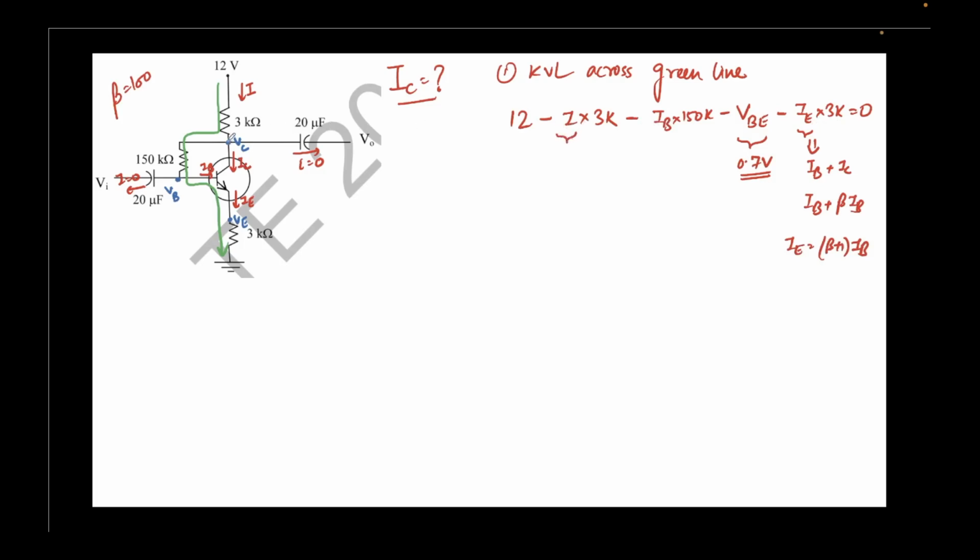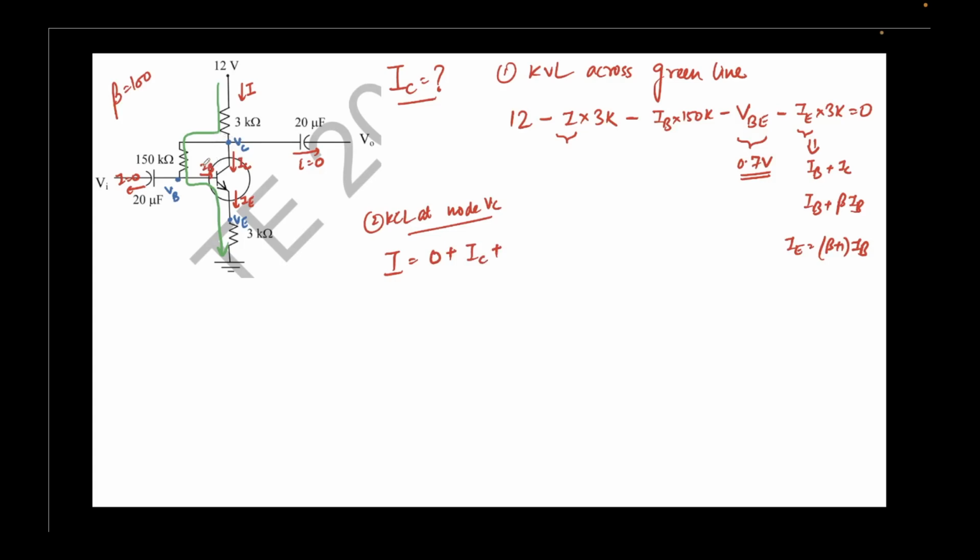Now look carefully at this junction, at the node VC, which is being denoted here. So what I'm going to do is write KCL at node VC. Let's see what's happening here. What is the incoming current? Incoming current is I. What is the outgoing current? There's no current flowing through here, so I'll write 0, plus there's current flowing in the downward direction, I'll write plus IC, plus there's a current flowing through this direction.